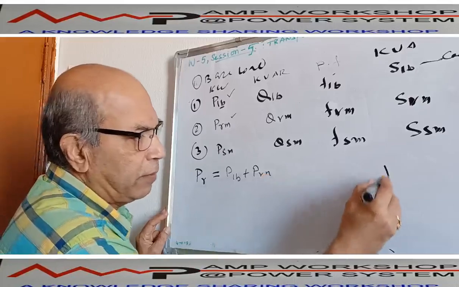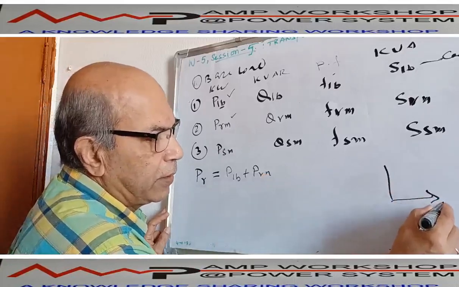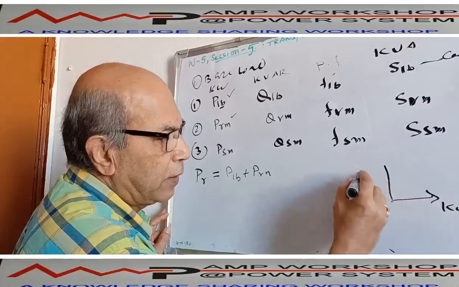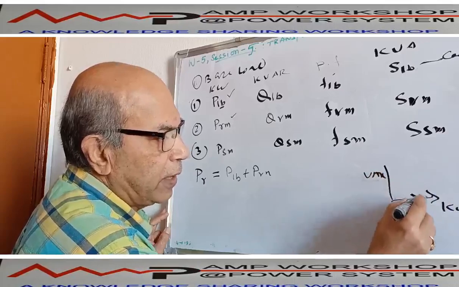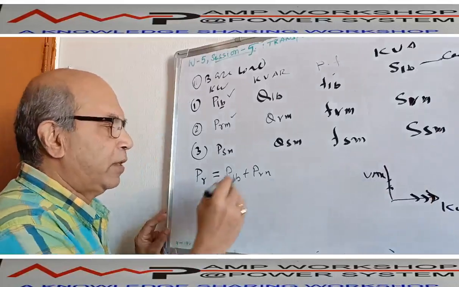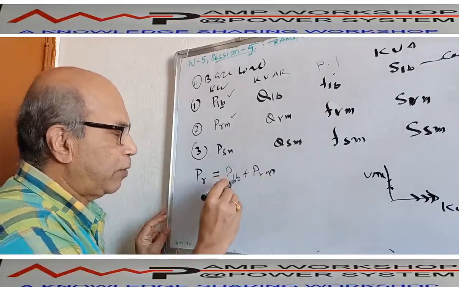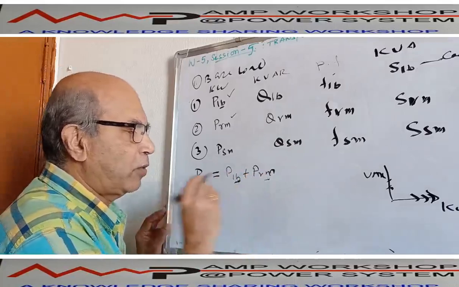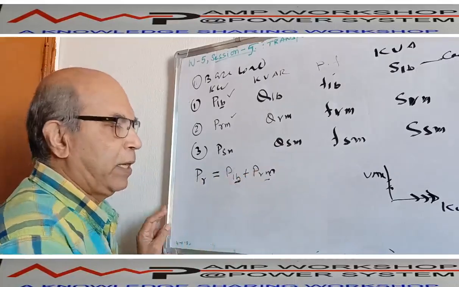Both are in the same direction, because if this is kilowatt and this is kVAR, we add these parameters along the same direction, and finally we calculate the kVA. This is the base load running kilowatt, this is the motor running kilowatt, and we get PR.